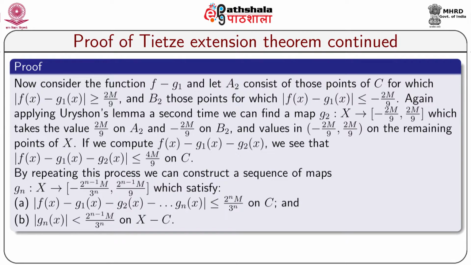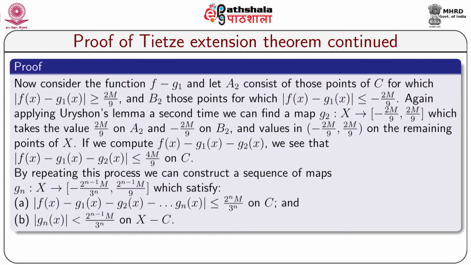Again, we can apply Urysohn's lemma, and by applying Urysohn's lemma a second time, we can find a continuous function g2 from capital X to the closed interval minus 2m/9 to 2m/9, which maps the set A2 to the value 2m/9 and maps the set B2 to the value minus 2m/9.